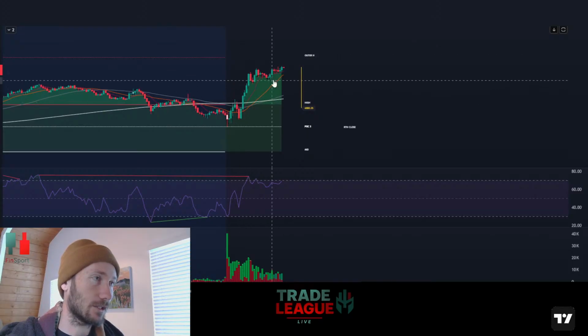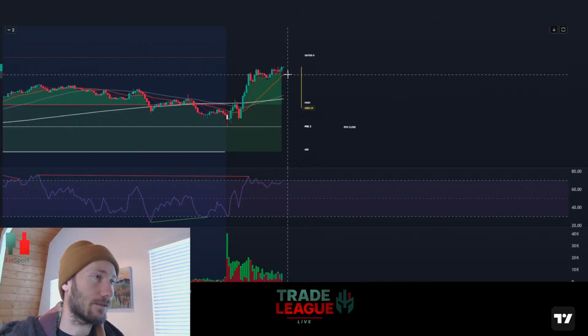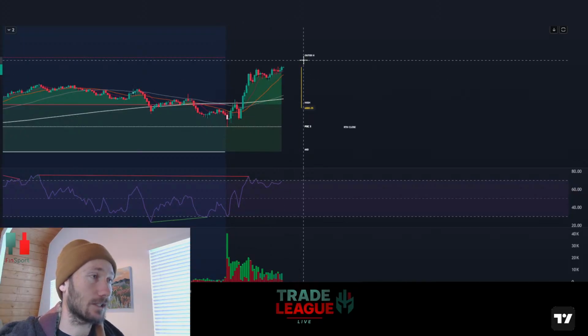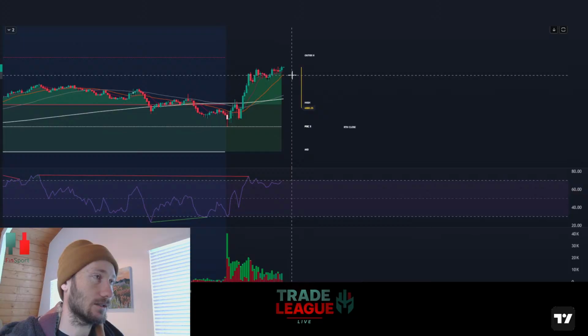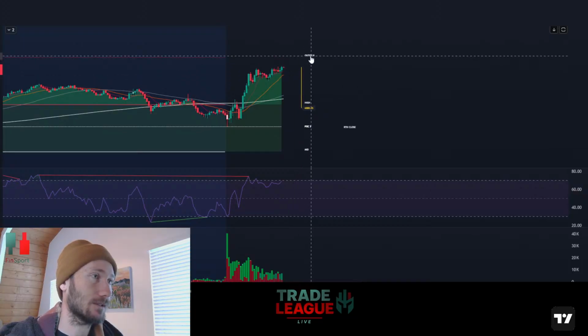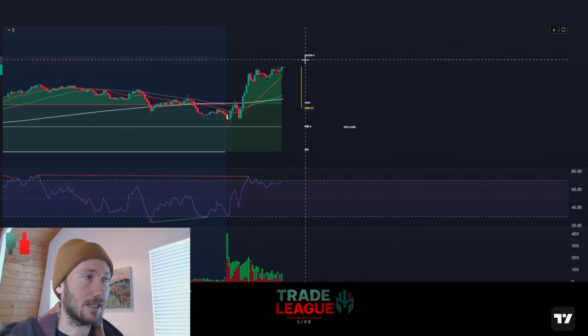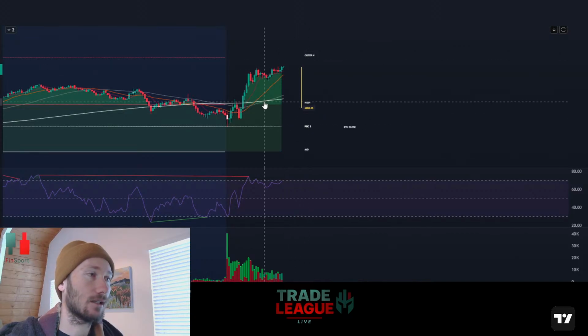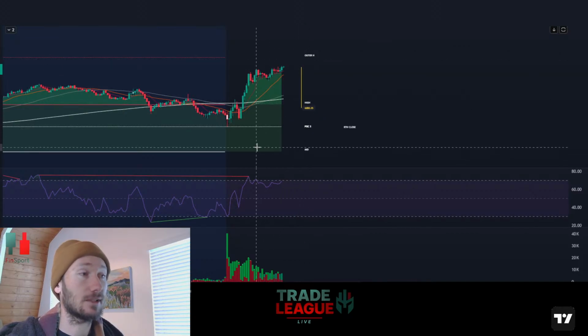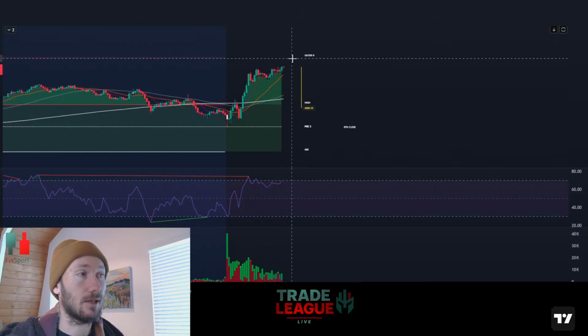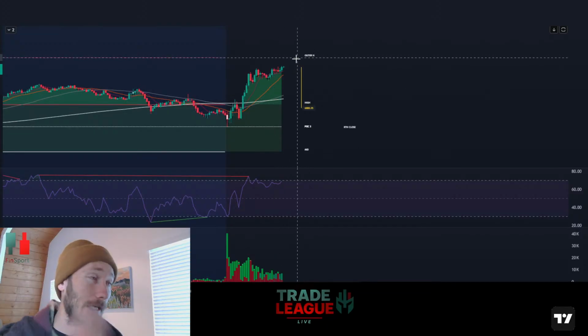So we're cruising on the 21 moving average. Haven't retested the 9 yet. Or wait, no, we're cruising on the 9. We haven't retested the 21. We're about to hit the outer high, which is basically yesterday's high, the same distance between yesterday's midpoint and yesterday's high, above that. So it's a pretty key level for me.